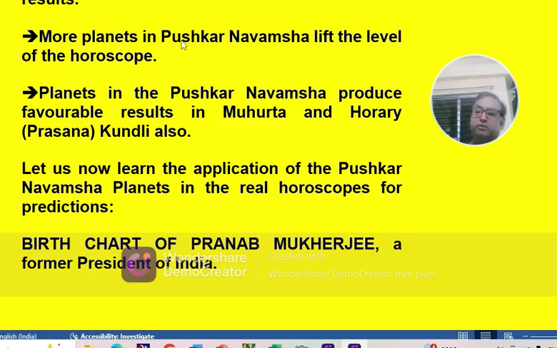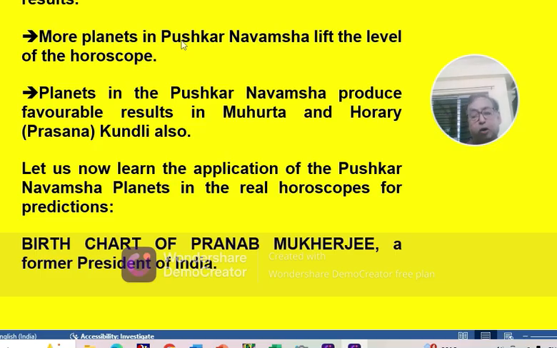You ask him to start constructing the house between this and that date, and he will start his construction work. In this way it has to be applied in Muhurta and Horari, Prashna Kundli, and in the birth chart it is elaborate. Let us now learn the application of Pushkar Navamsha planets in real horoscopes for prediction.